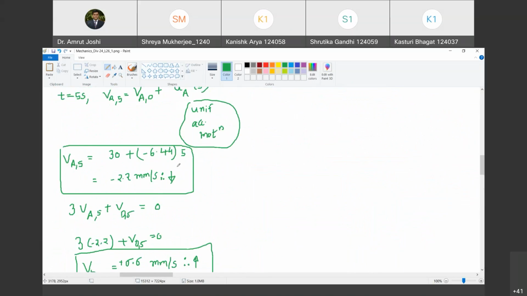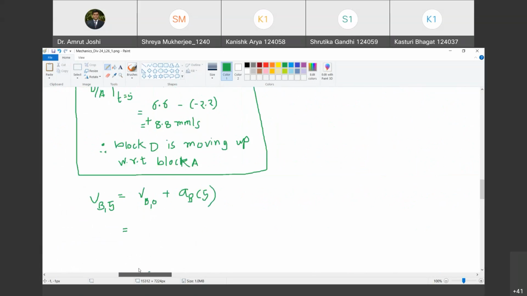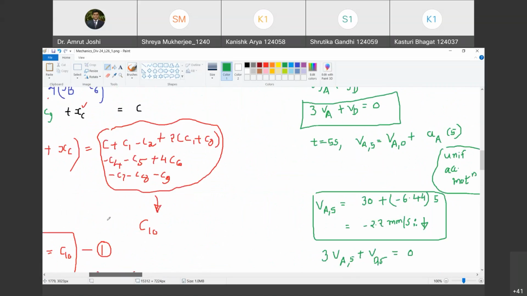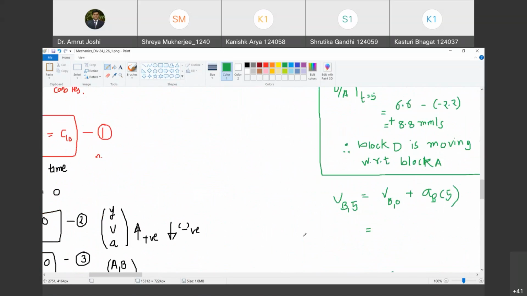Are you with me? Yes, sir. So acceleration of block B into 5. Can you tell me what is the velocity of block B? Minus 20, if I'm right. Minus 20, sir. So I will substitute that as minus 20 here.